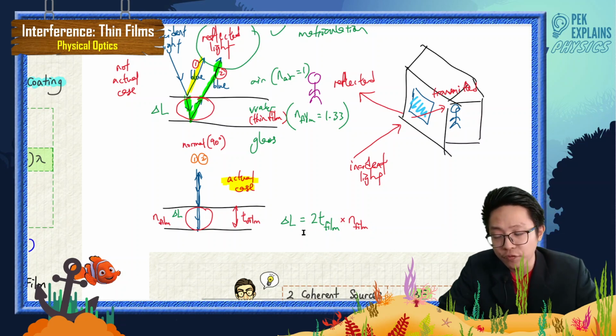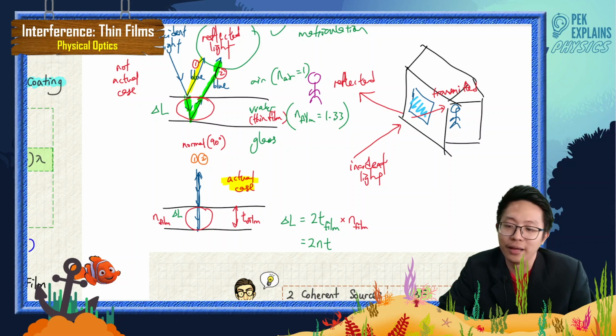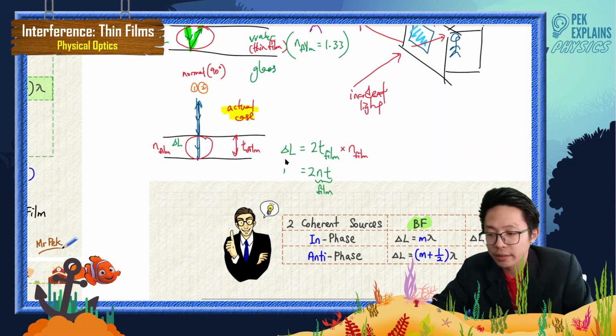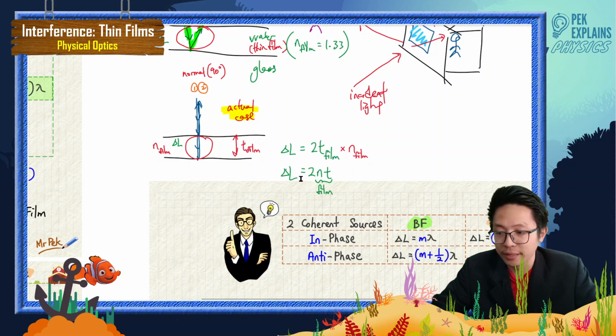So the path difference will become 2nt. This n is the refractive index of the thin film, and t is the thickness of the thin film. Why 2?